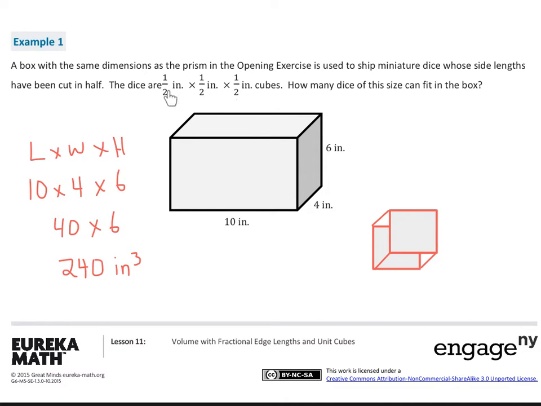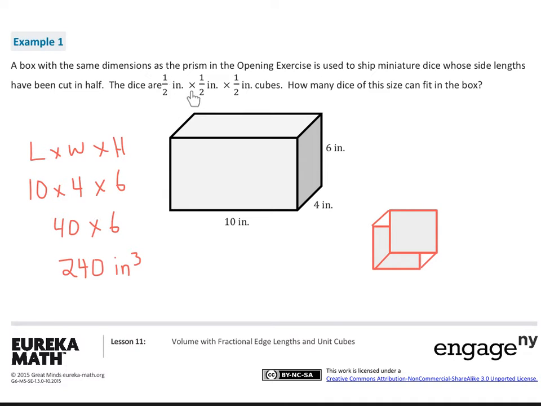And the big mistake a lot of people make is, oh, well, half is half the size of this. And so that would make double, right, the number of these. So they'll say something like 480. That's how many, because these are half the size. But these aren't half the size because it's half on 3 different edges that are all being multiplied to each other. So again, it's 1/2 times 1/2 times 1/2 the size.